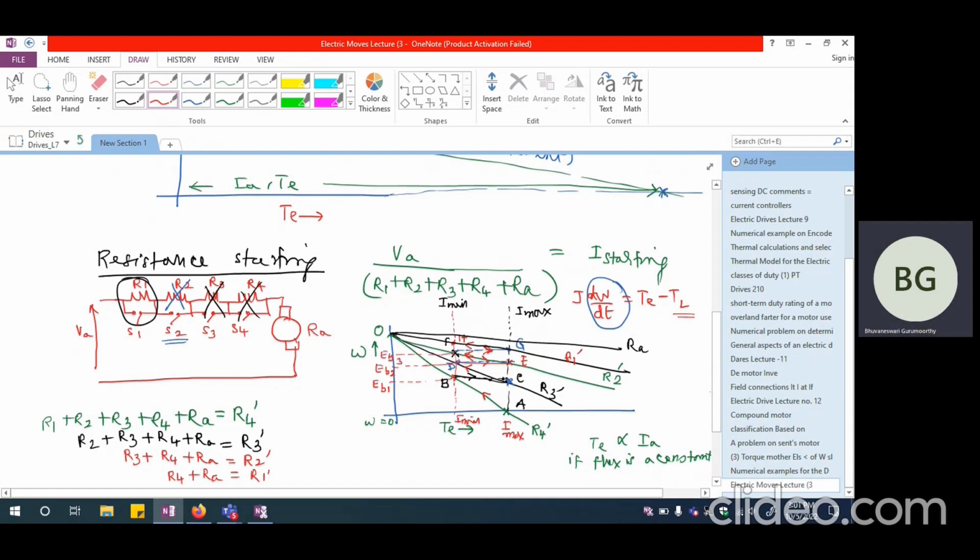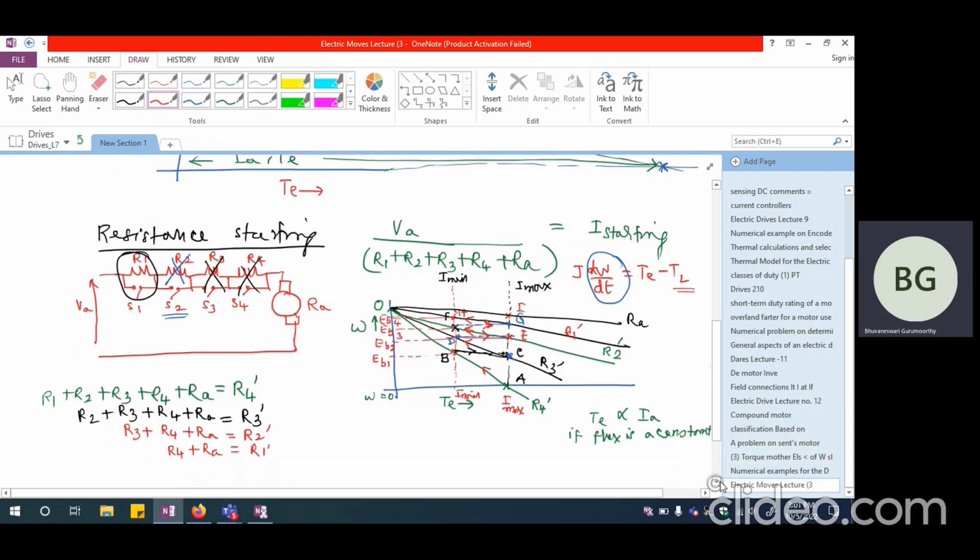And finally, from F it would have traveled to G, then H. Then from H, it will travel to probably I. So I should have one more back EMF point, which is corresponding to this point. So that is going to be EB4.